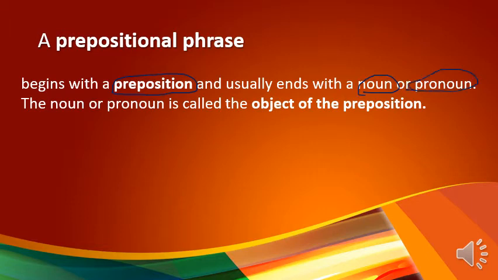It's not ever a verb. So at the beginning we have a preposition, and at the end of the prepositional phrase a noun or a pronoun. What do we call this noun or pronoun? We call this an object of preposition: a noun or a pronoun at the end of the prepositional phrase.